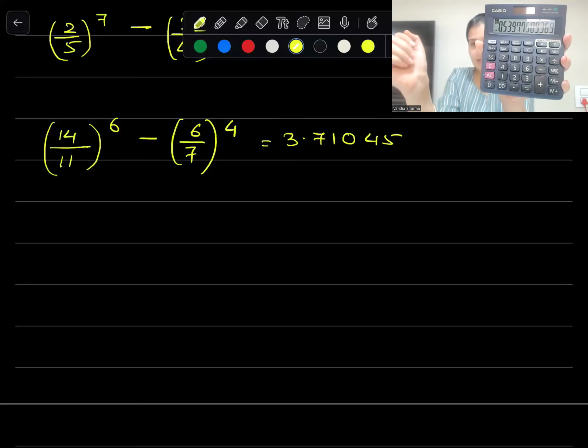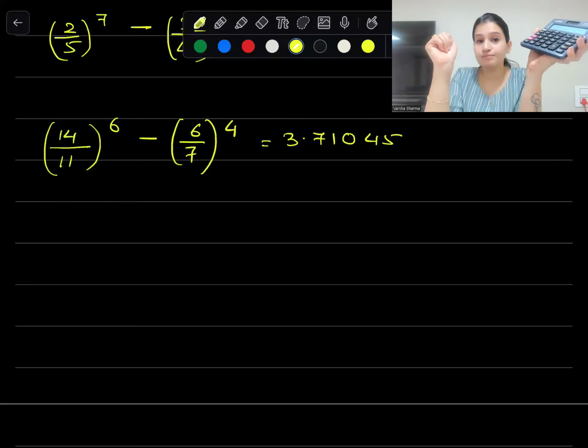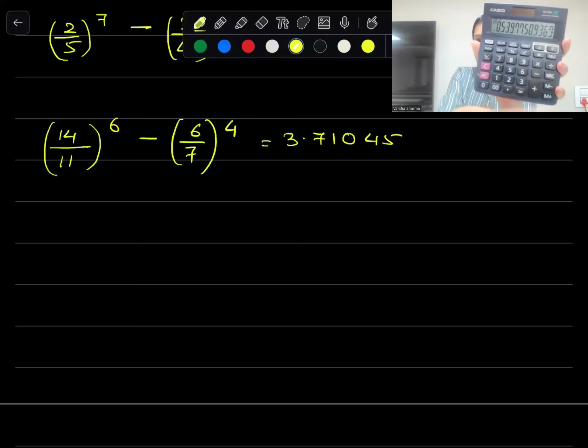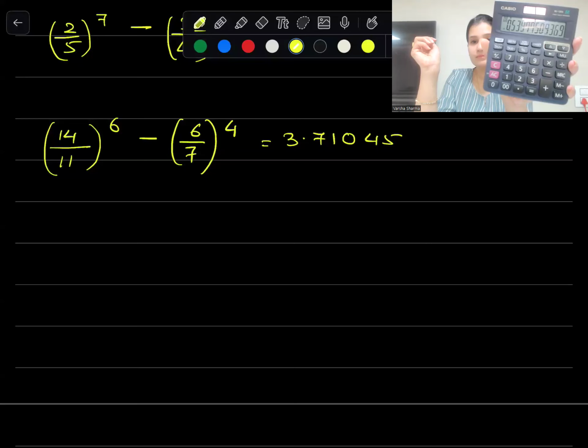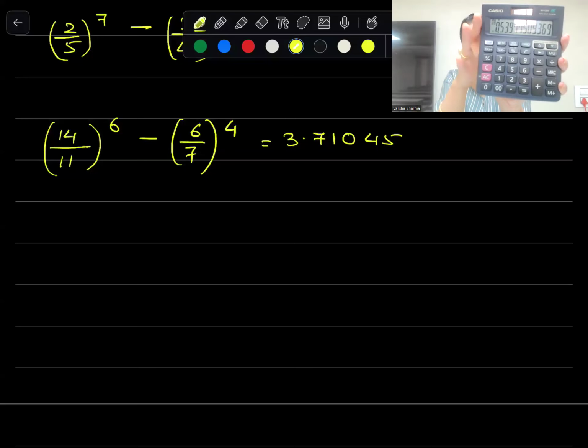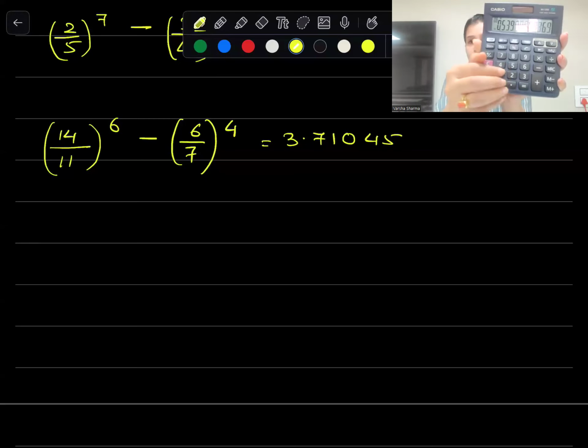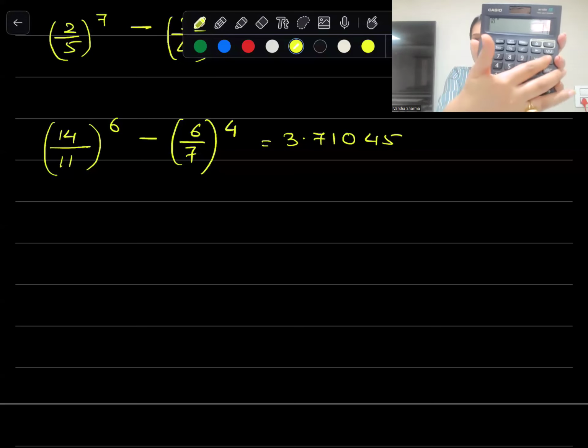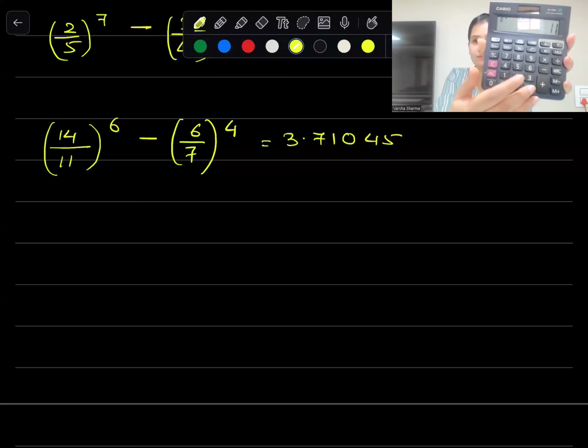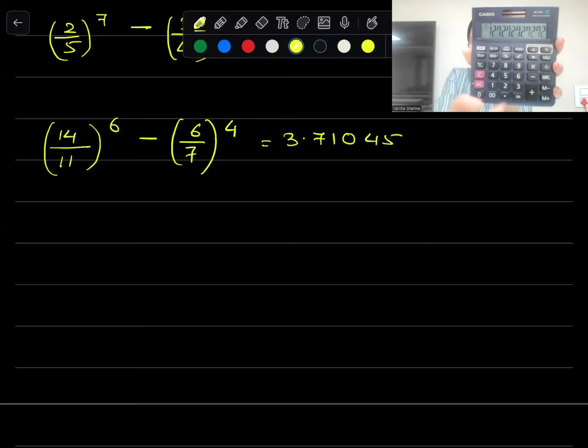Yes, ma'am. Now, what is the sign before this term? Minus. So press M minus. Done? This number is stored in the memory of the calculator with the negative sign. Done? Yes, ma'am. Now, 14 divided by 11, equal.